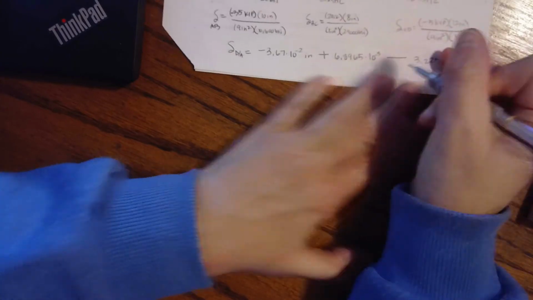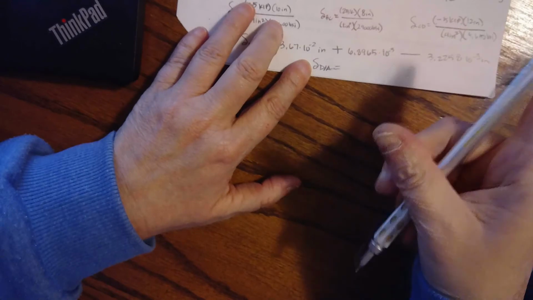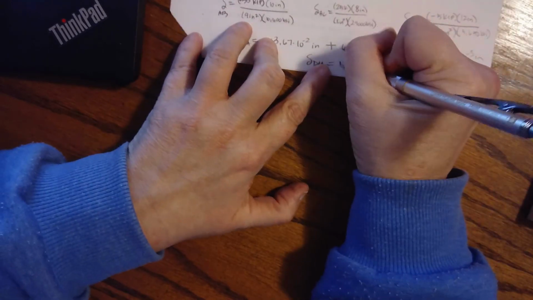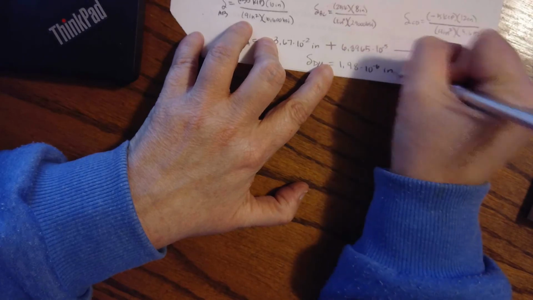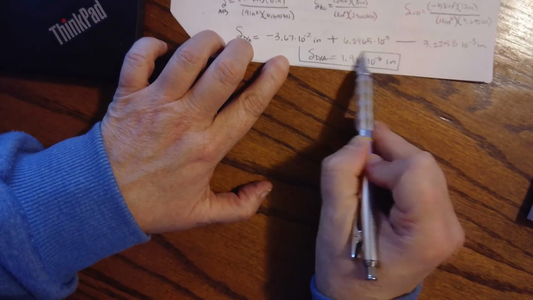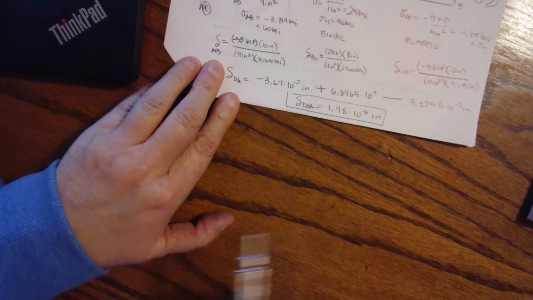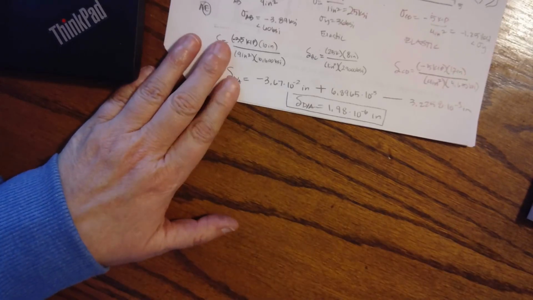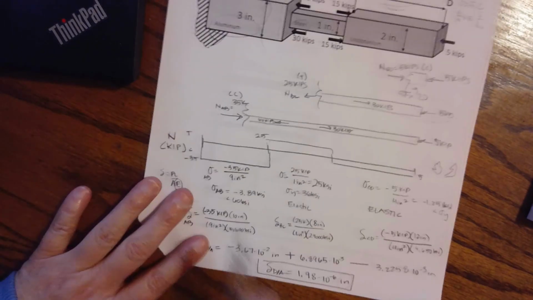These are all in inches. So the displacement is going to be 1.98 times 10 to the negative 6 inches. That's what we do. Just make sure you're keeping track of compression and tension, and then you can get that final change in length. And I've got appropriate units. So easy peasy.